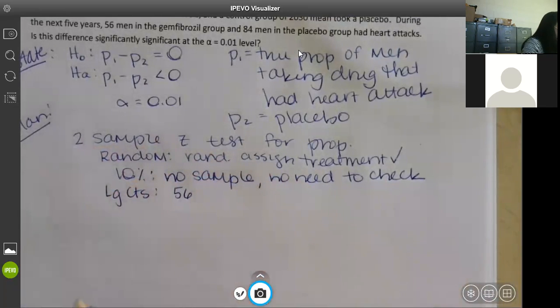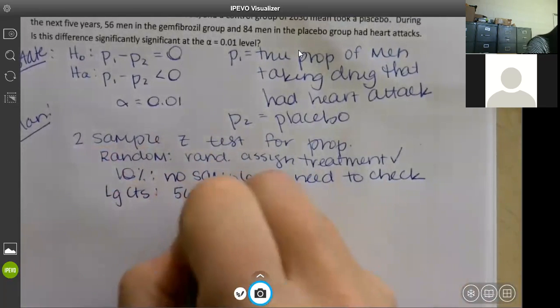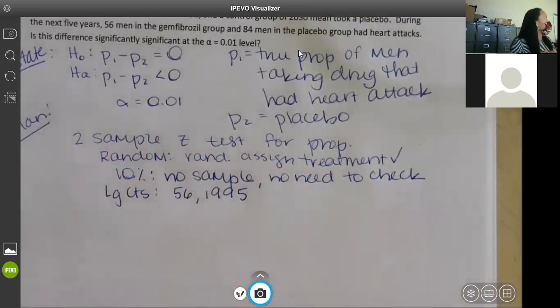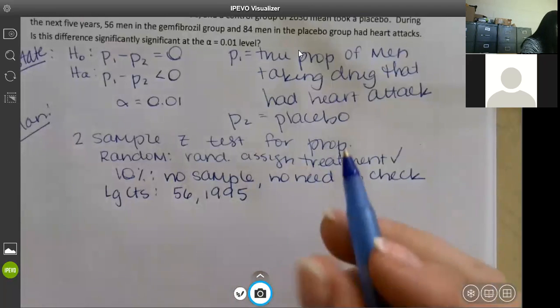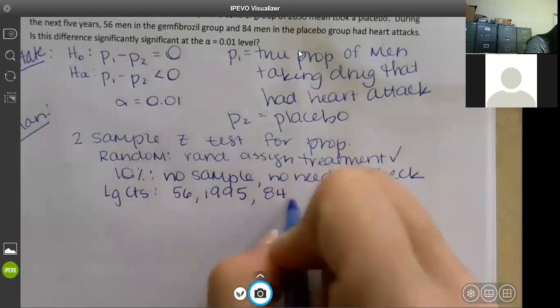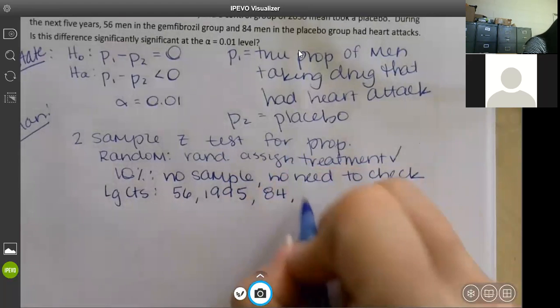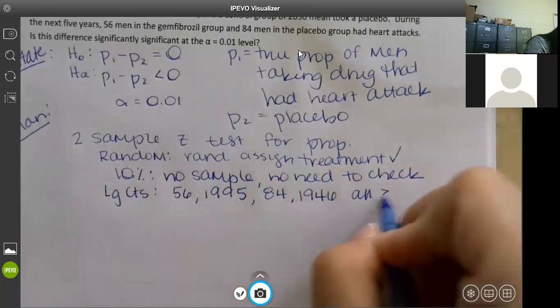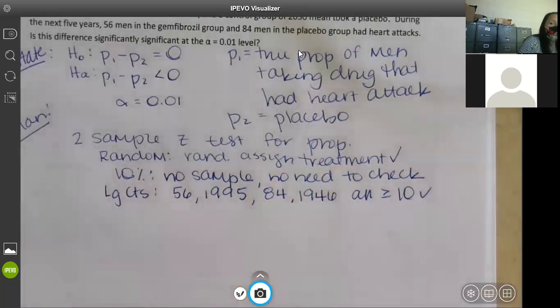Which would leave 1995 out of the population. Does everybody understand that? Success and failure. Everybody know where I got 1995 from? Okay. So what was the success for the second group? 84. And if we subtract it, we have 1946. All are greater than or equal to 10. So that checks out.